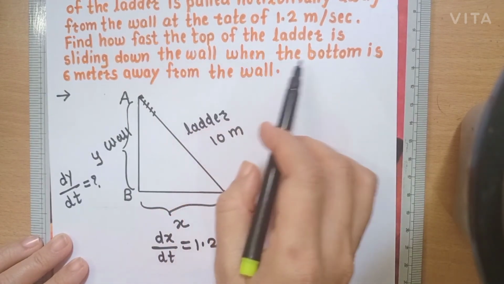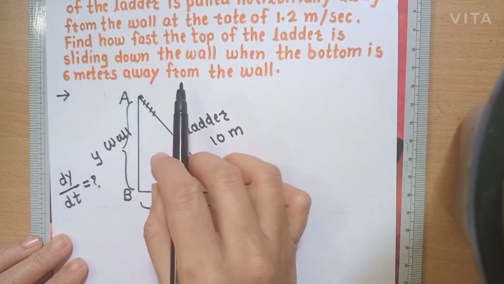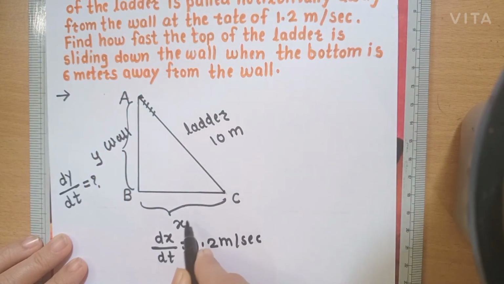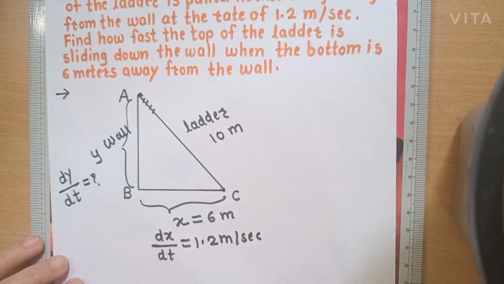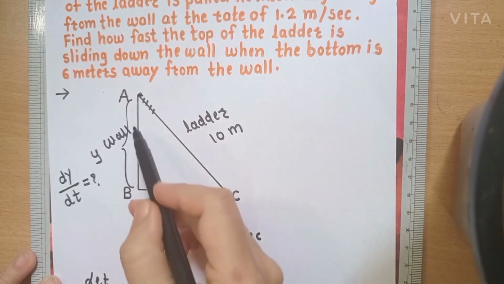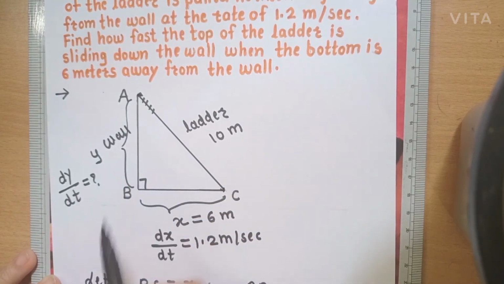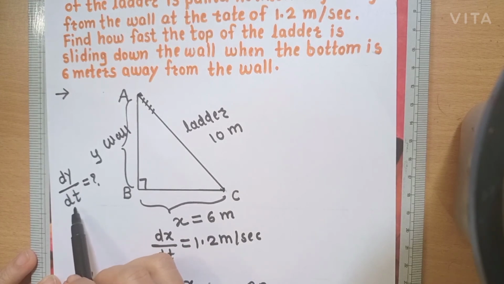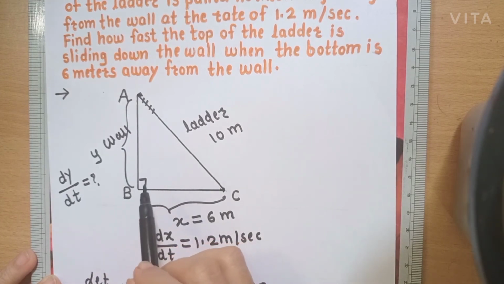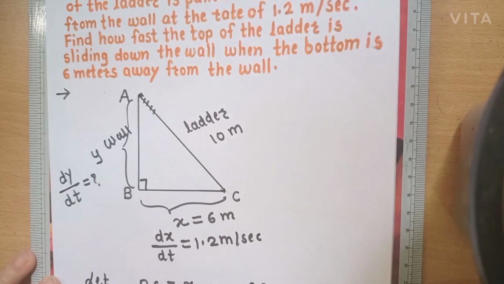And again when the bottom is 6 meter away from the wall, that means this bottom is 6 meter away, so this much distance is 6 meter. Here this wall is perpendicular to ground and we have to find this. We will use first Pythagoras theorem and differentiate.